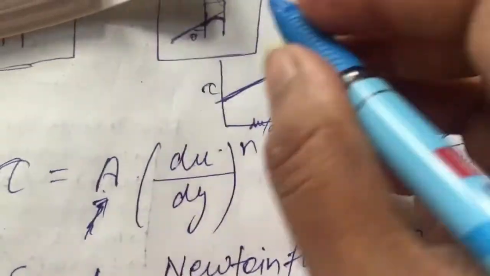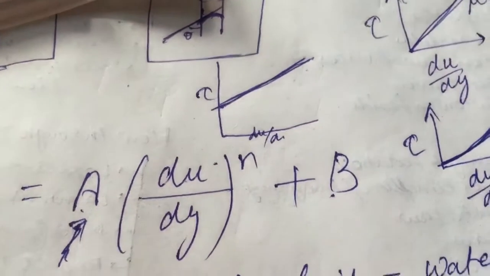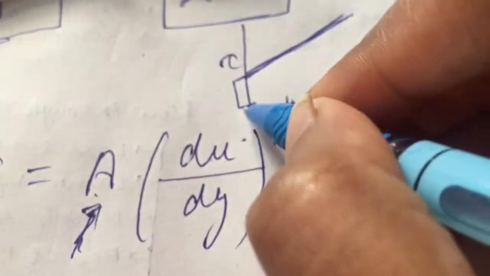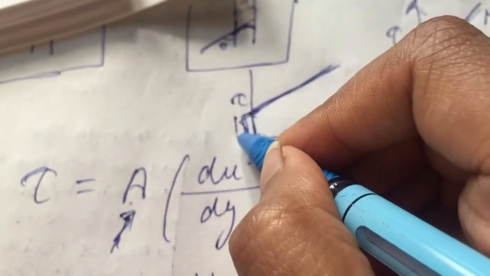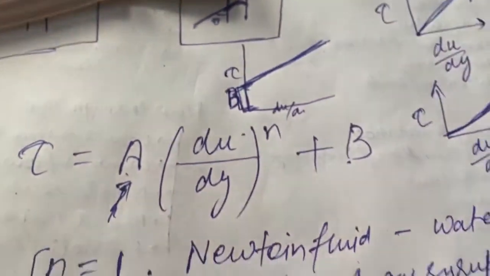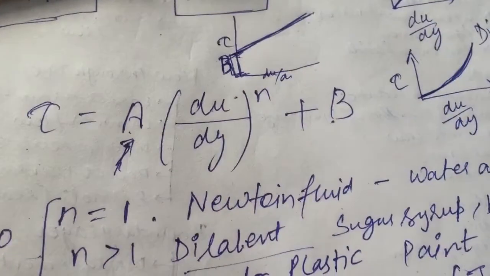It is a straight line, but this extra portion is equal to our b constant. Okay.